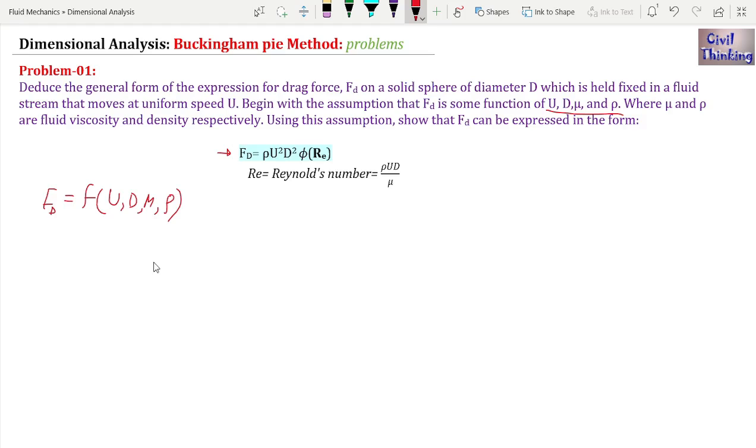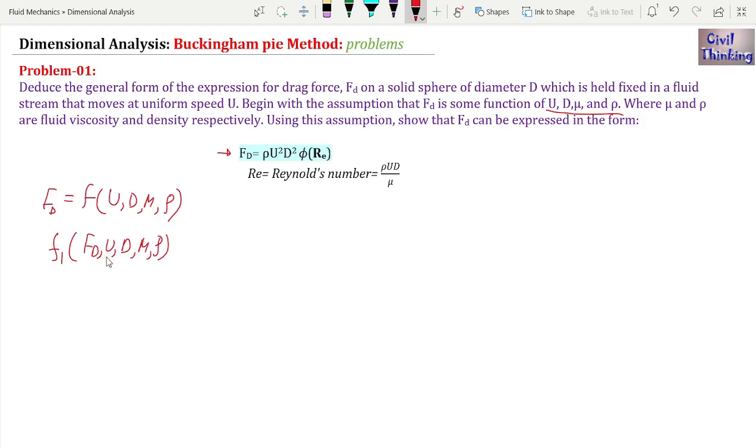Now usually we use Buckingham's method when the number of variables is more than or equal to 6. When we talk about Buckingham's method, we have to assume it like this. It is a function of another function of Fd, u, d, mu, rho. Now how many variables are these?